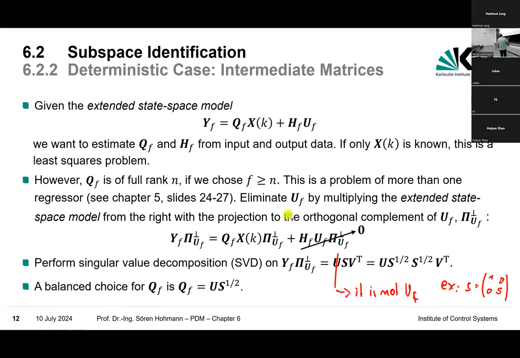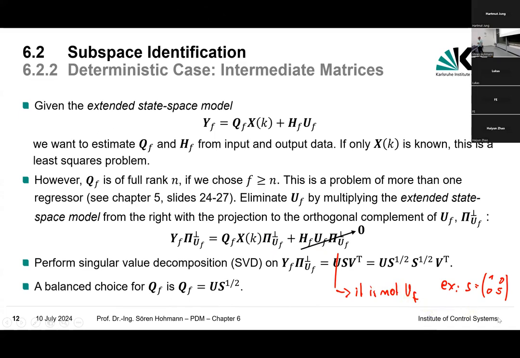That's the main setting. And now the trick is to say, okay, we have to decide which part belongs to QF and which part belongs to XK times pi UF orthogonal. And this is by choice.